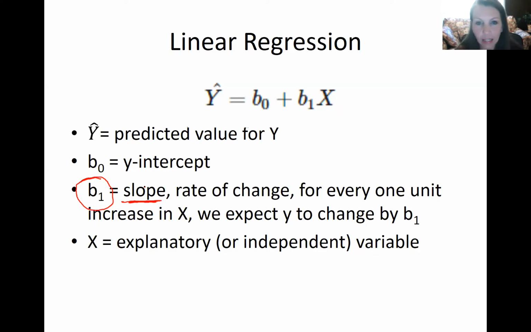If we were looking at height and weight, it might say, for every 1 inch increase in height, we expect your weight to go up by 6 pounds or something like that. So this one, we can interpret the actual value from the equation, and that interpretation is going to be interesting and meaningful for us all the time. And then, of course, x is just the explanatory variable. So you're going to plug in your x variable and then output your y hat value.